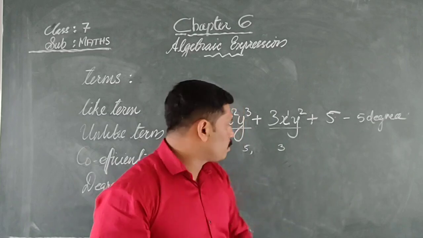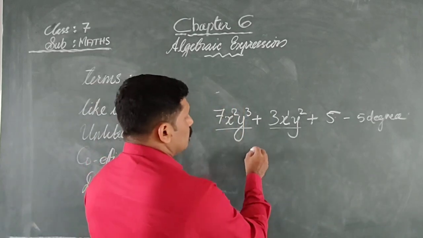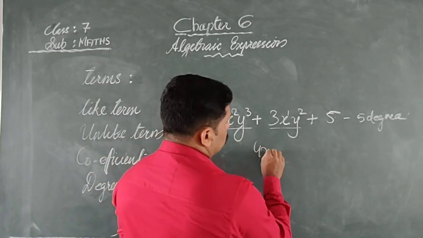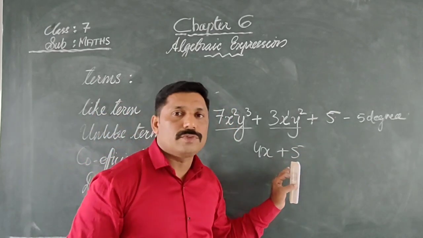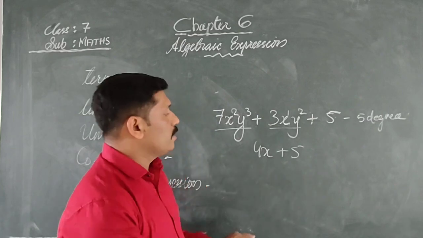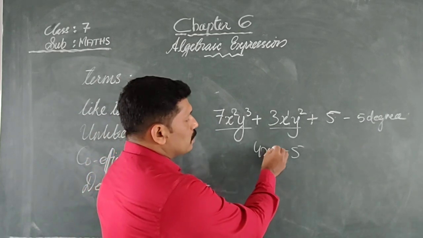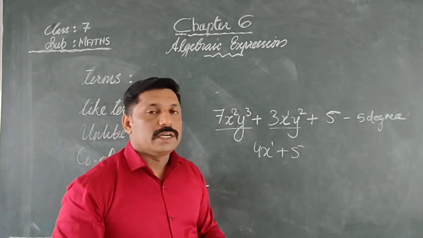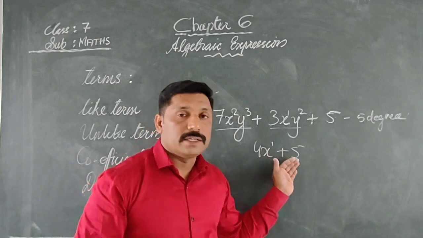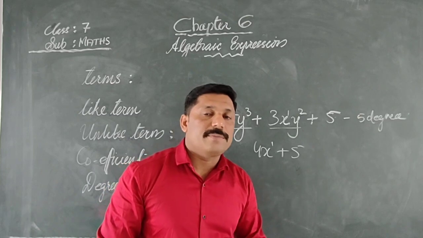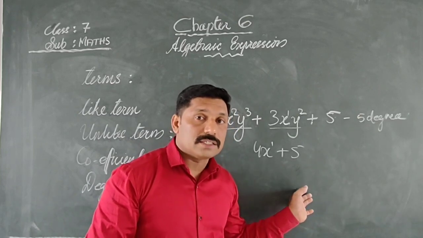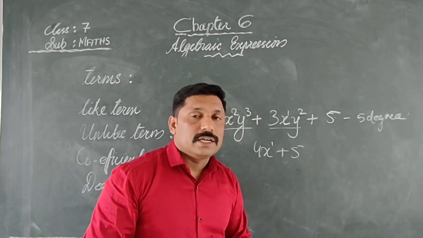Suppose I take another expression, 4x plus 5. What's the degree of this algebraic expression? Here you can see there is only one variable, therefore its power is 1, and the degree of this expression is 1. The highest power of a term in an expression is taken as the degree of that expression.